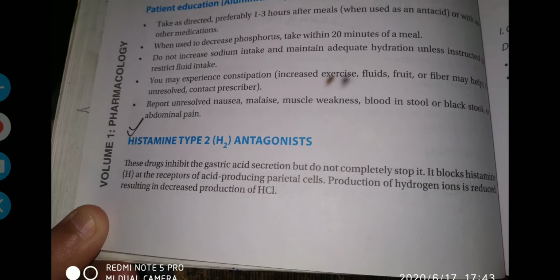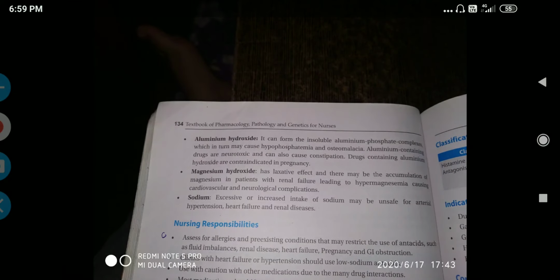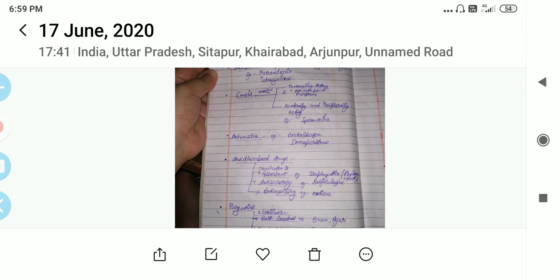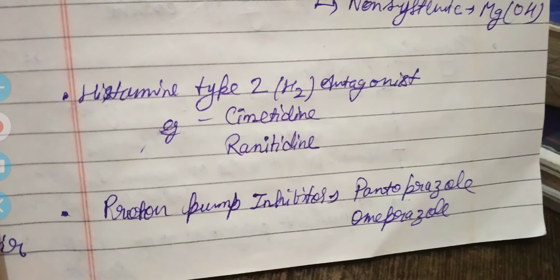Then we are going to discuss the histamine type 2 antagonists. The drugs of histamine type 2 antagonists are cimetidine and ranitidine. These are histamine type 2, H2, antagonists.